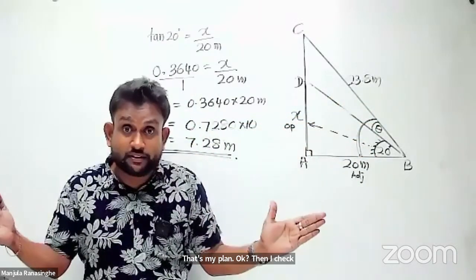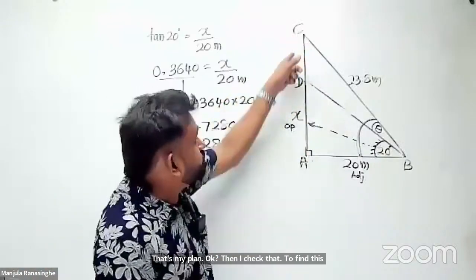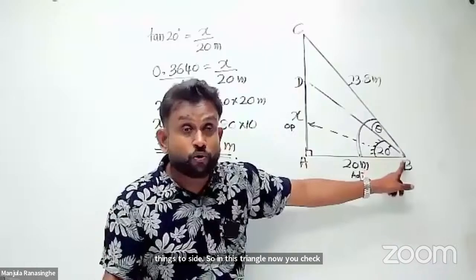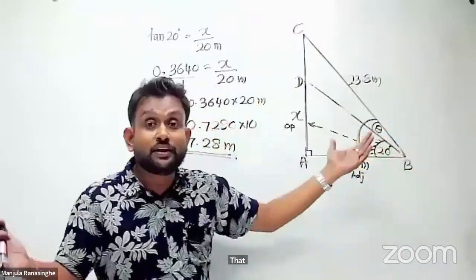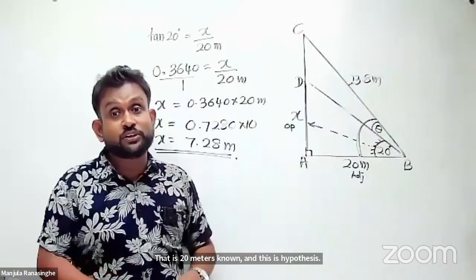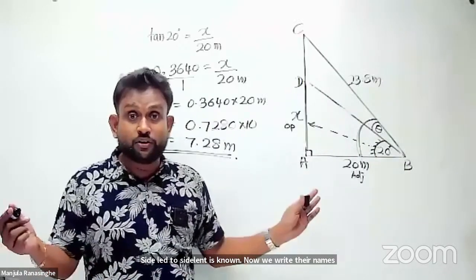To find this angle, what are the required things? Two sides. In this triangle, the side length of 20 meters is known, and the hypotenuse is known, so two side lengths are known. Now write their names with respect to the angle you are going to find.